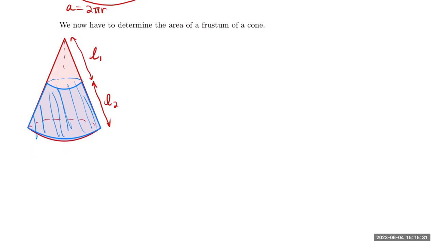So if we consider the right angle from the center of the circle, this part here we're going to have a radius R1, and this part here will have a radius, call it R2. Note that both of these are right angles here. So that would be important to know. Okay, so what we want to know is what is this area over here? And this part here is called the frustum.